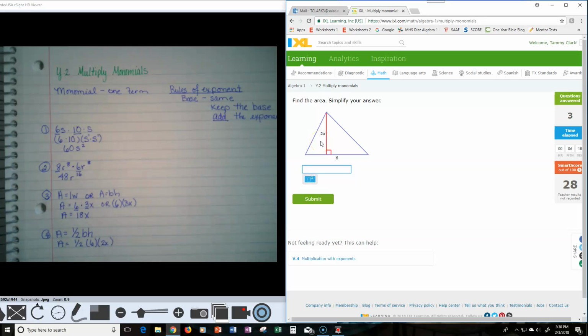Now, you could do this one of two ways. You could either take half of 6, which is 3, and then multiply it by 2x, which would be 6x, or you can say 6 times 2x is 12x. Divide that by 2. You still get 6x. Whichever way your brain works, it's fine. So our answer is 6x.